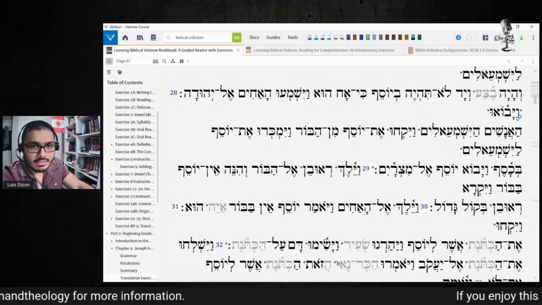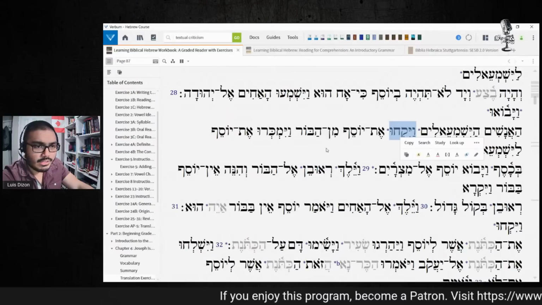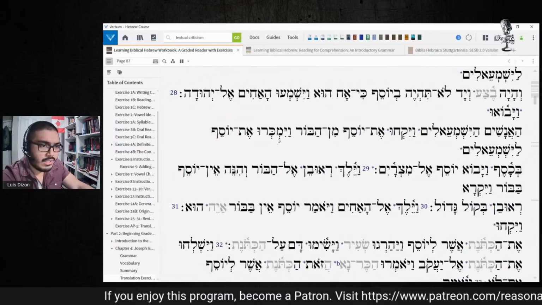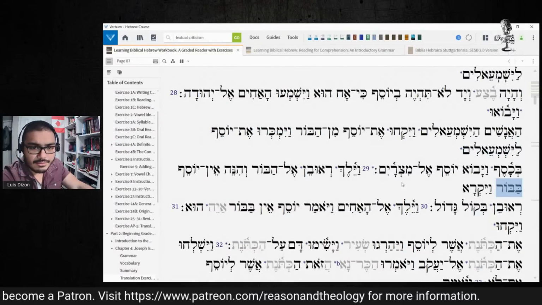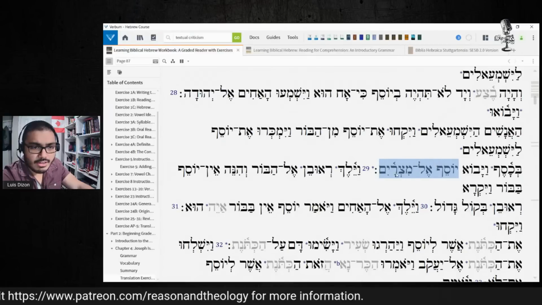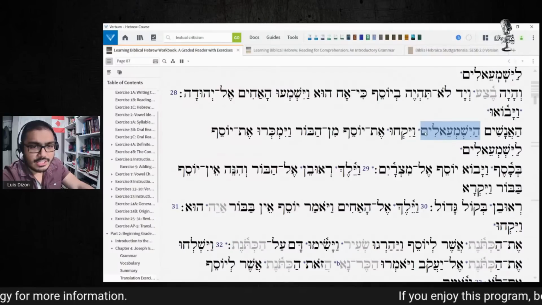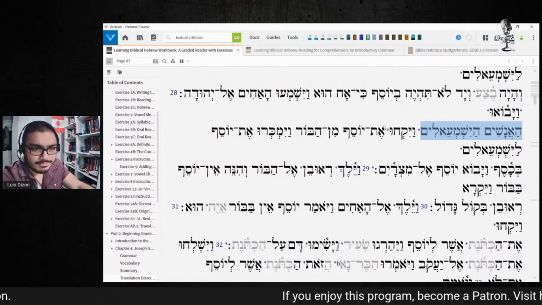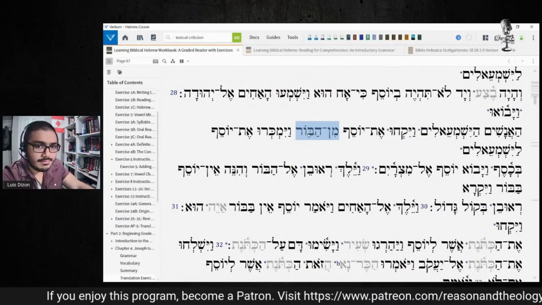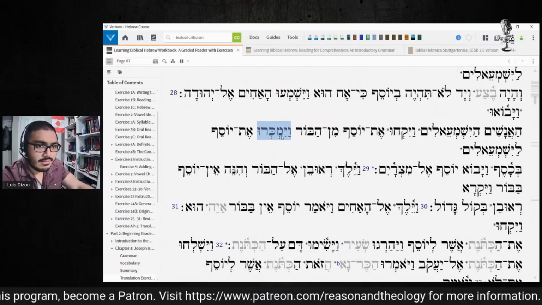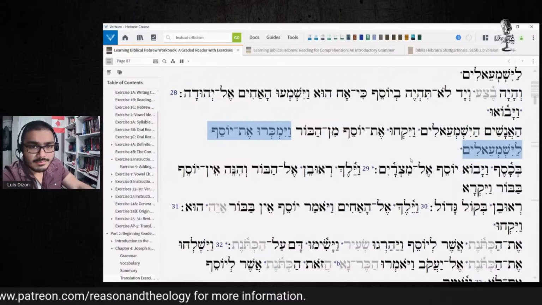So verse 28. Vayavo'u ha'anashim v'ha'yishmaelim vayikhu et Yosef min habor vayimkoru et Yosef la Yishmaelim bekasef vayavo'u Yosef el Mitzrayim. The men, the Ishmaelite men, took Joseph from the well, and they sold Joseph to the Ishmaelites.